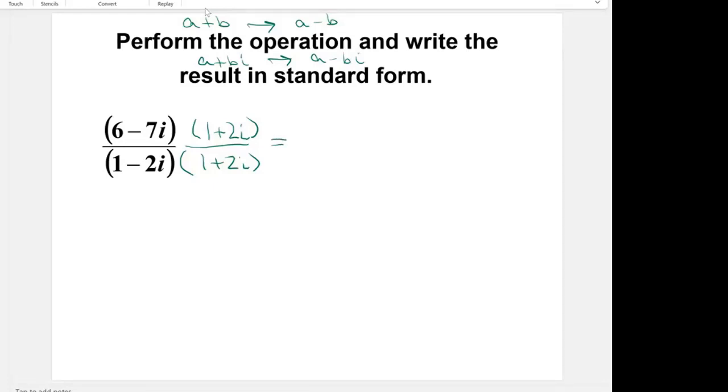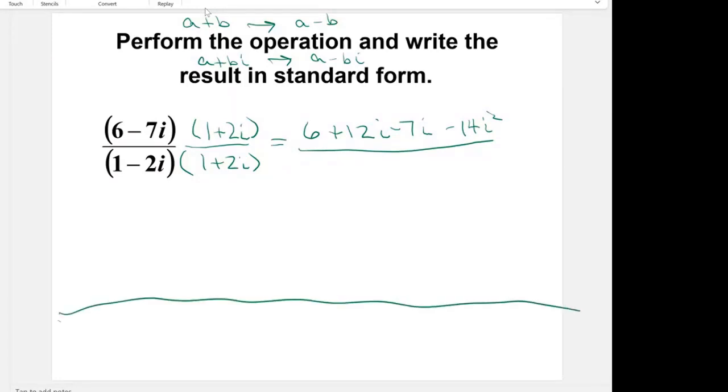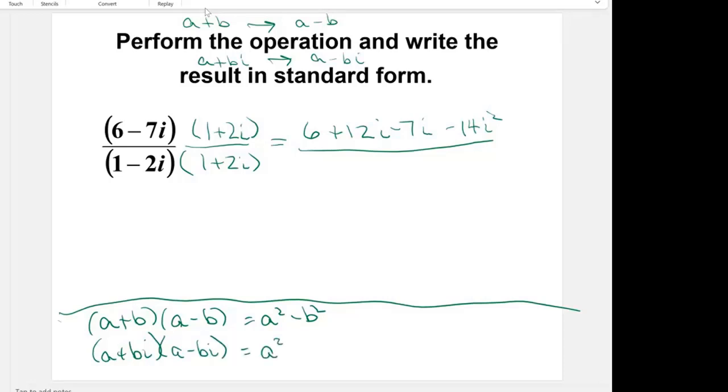In the numerator, I'm just going to FOIL. So I get first times first, outer times outer, inner times inner, and last times last, right? And I can do the same thing in the denominator, but honestly, the best thing, starting now, if you have a plus bi times a minus bi, it's always going to be a squared plus b squared.